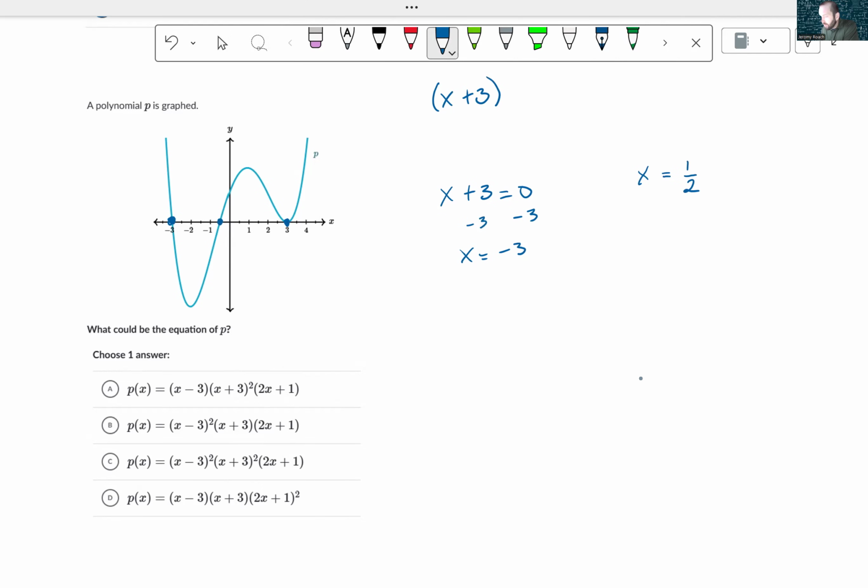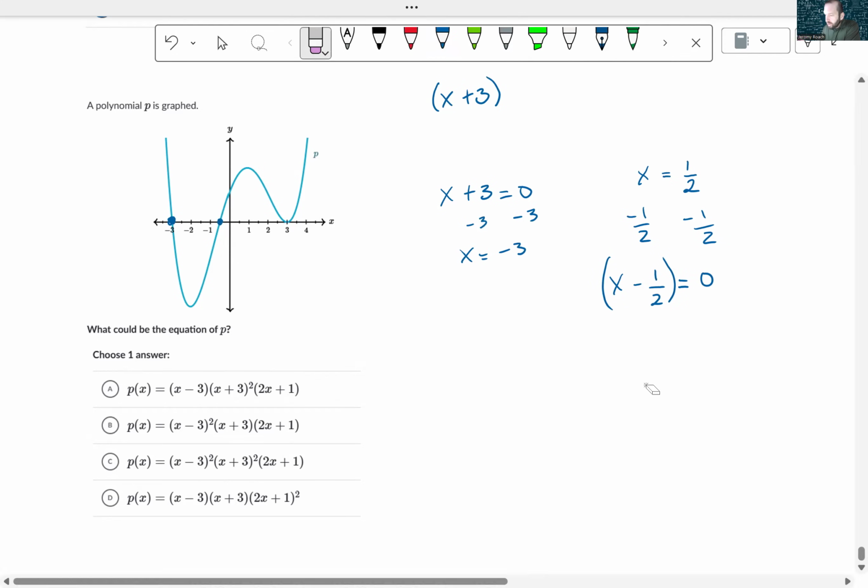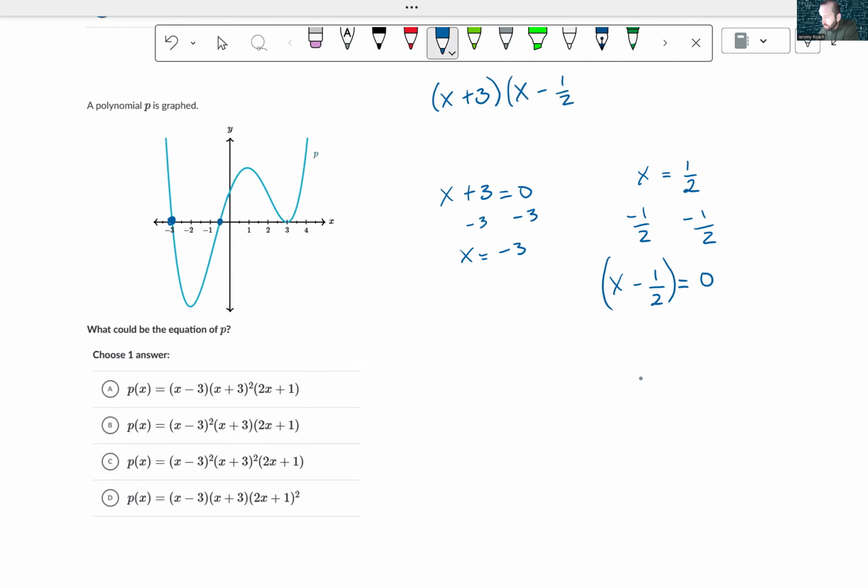Now, if we set that to 0, we're going to minus 1/2 and minus 1/2, and we get x minus 1/2 equals 0. So this is our second x-intercept. So we're going to write x minus 1/2 there.